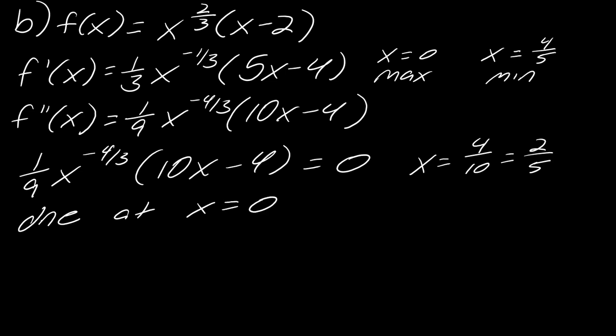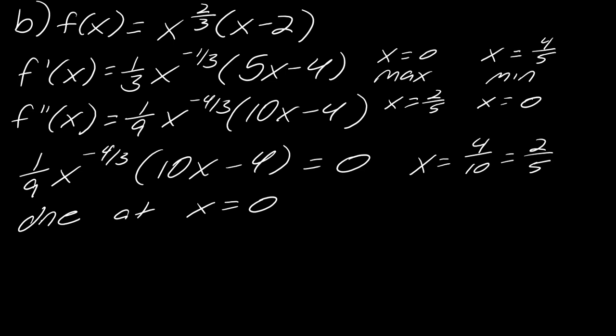Okay, so let me note those points here. We've got 2 over 5 and x equals 0. We know that x equals 0 is not going to be an inflection point, because we already found that it's a max, so it won't make sense. But we probably do want to inspect what's going on with the concavity.